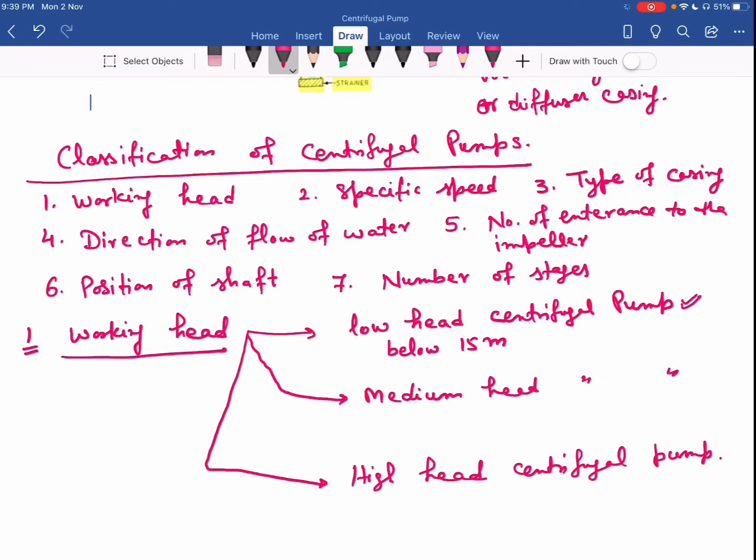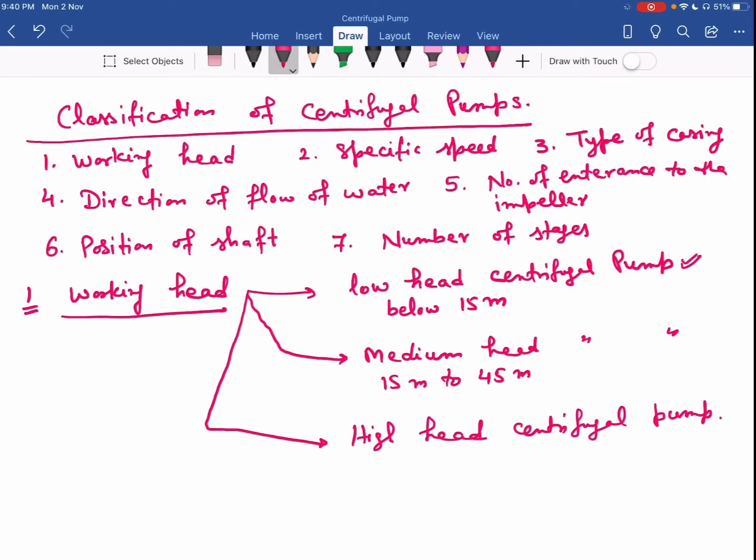Then the medium head. Here the head lies between 15 meters to 45 meters. These pumps may or may not be provided with guide vanes. Usually these are single stage pumps, and these can be either single section or double section. Then the third one are high head centrifugal pumps. Here the head is more than 45 meters.